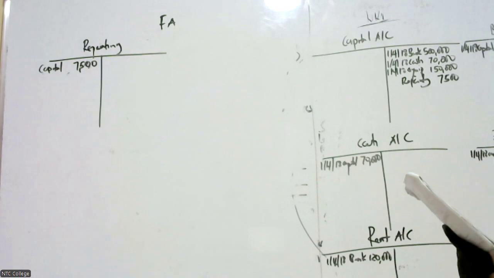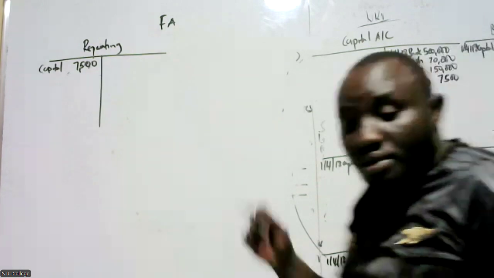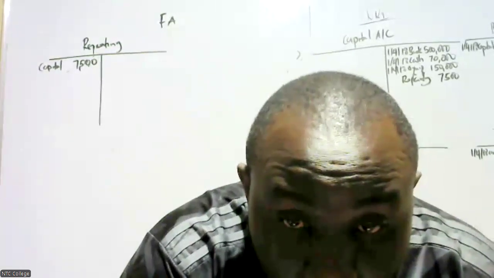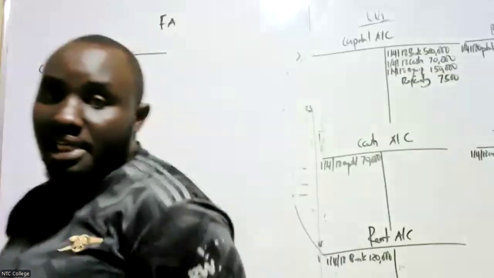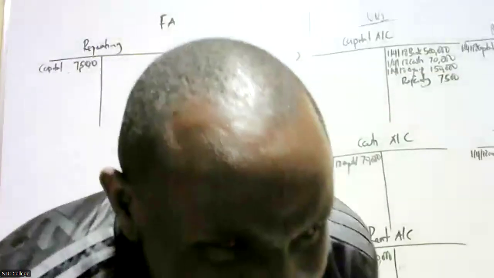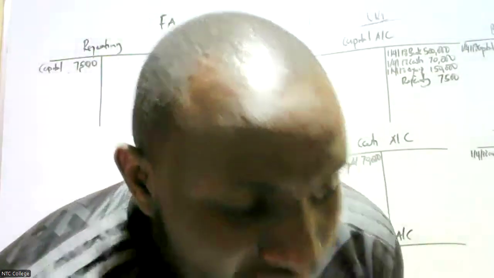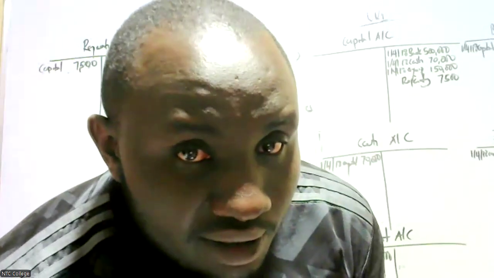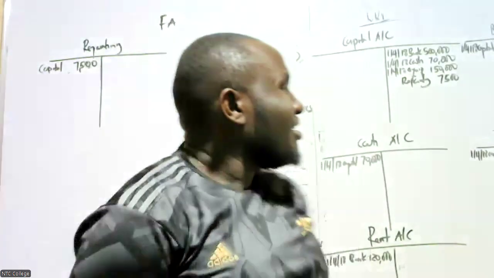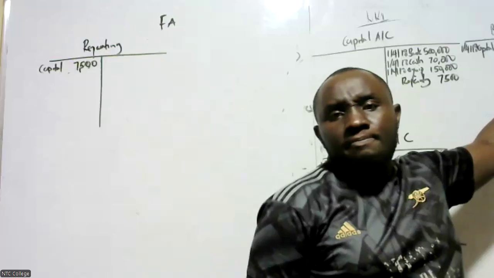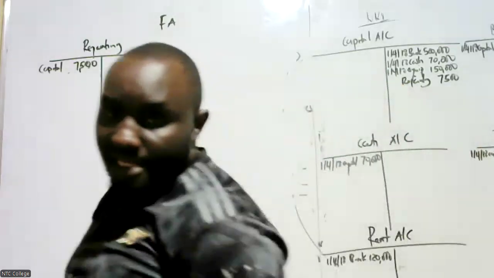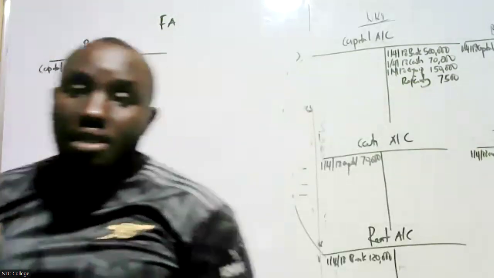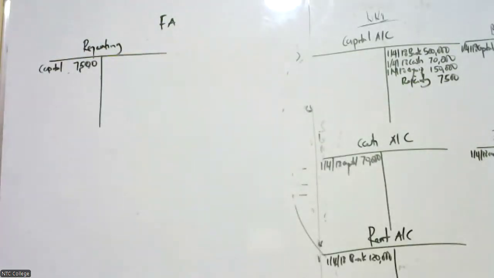We can't see where you're writing. Yes, you can't see where you're writing on the far right. Let me see if I can adjust that camera.